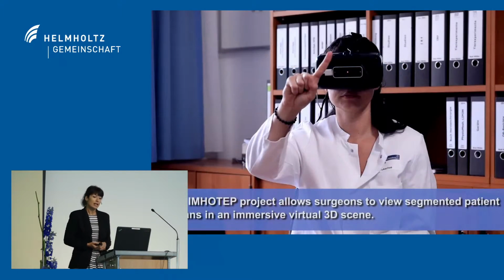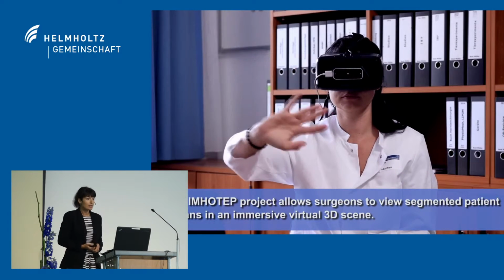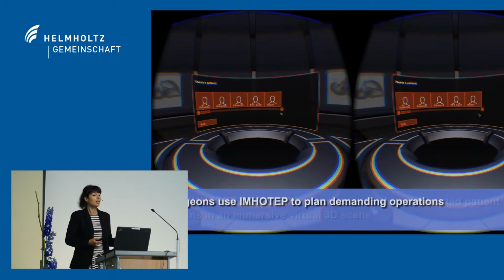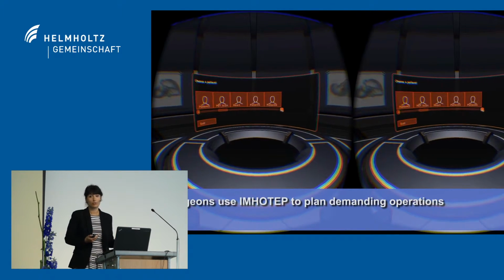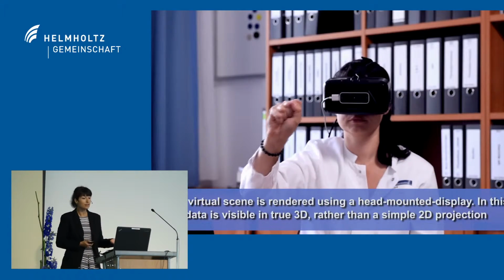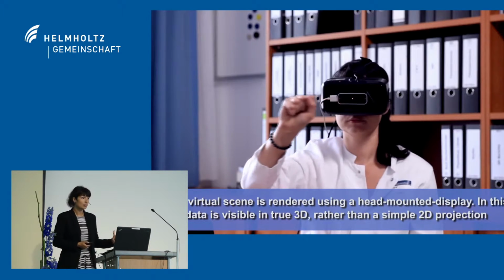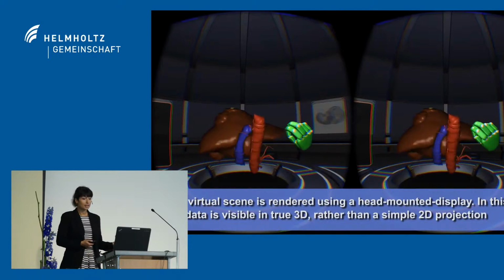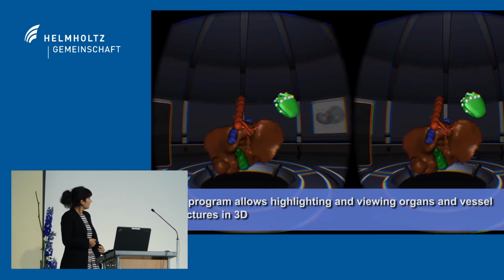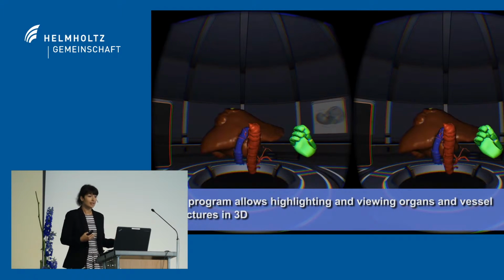We developed a framework which enables the surgeon to look at all the data available for the patient in an immersive virtual scene. This is, for example, 3D information. This is the model, but also the radiological images. You can see here the 3D model. And it's easy to use and really intuitive.